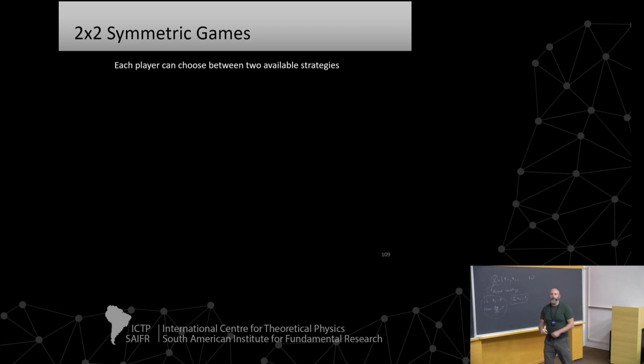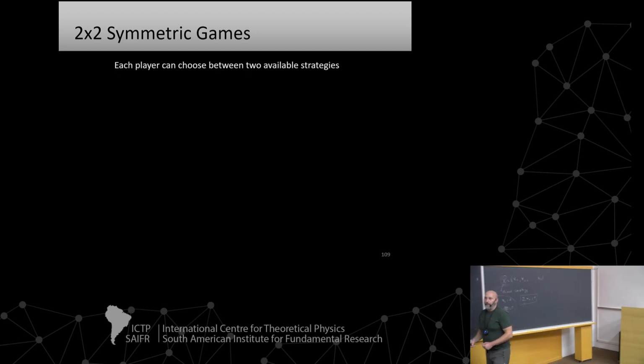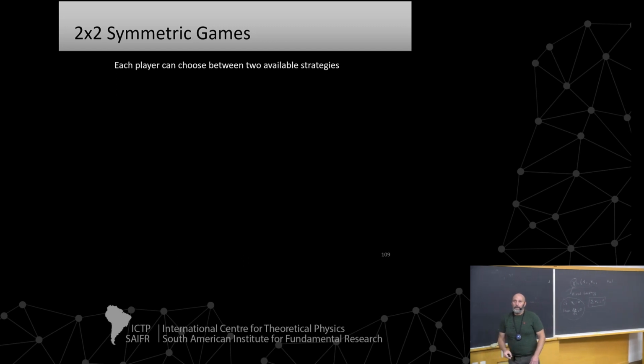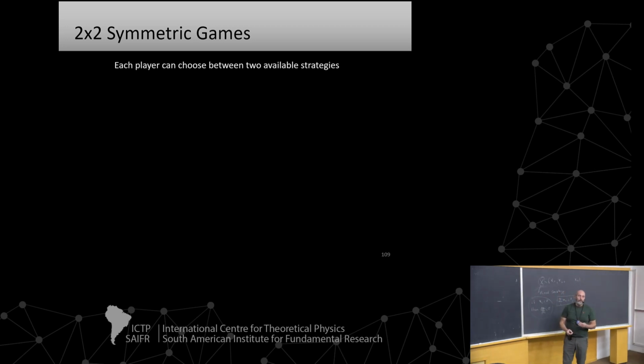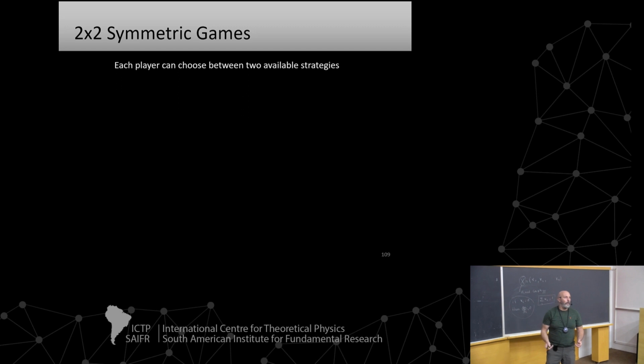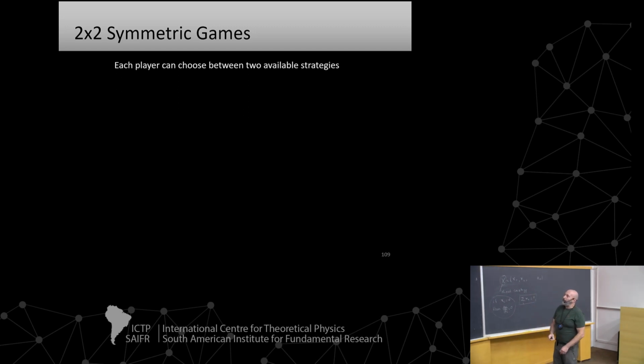I can take any game of 2 times 2 and characterize it, and I will arrive at the conclusion that there are only 4 types of games. If I take all the 2 times 2 games and analyze them just by using the replicator dynamics, all of them can be classified into these 4 different groups. Okay? So let's do that now.